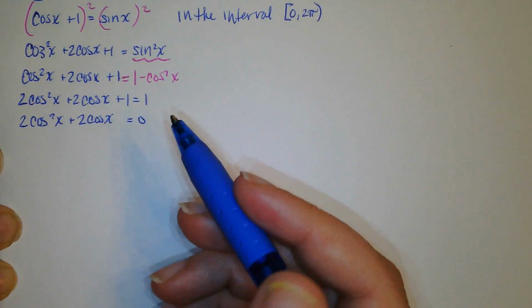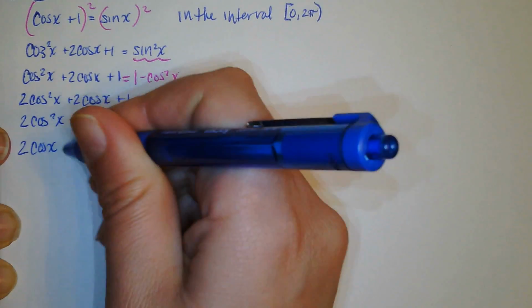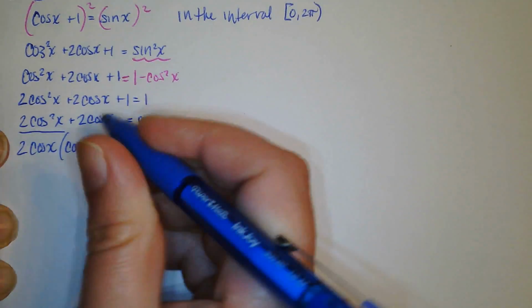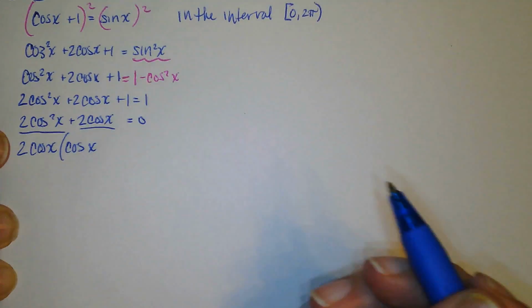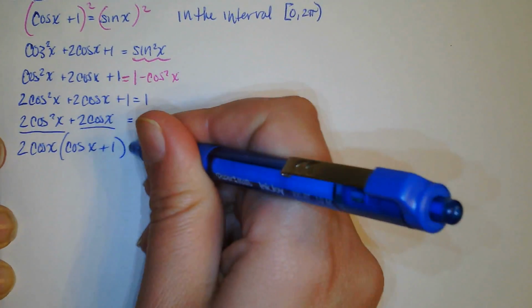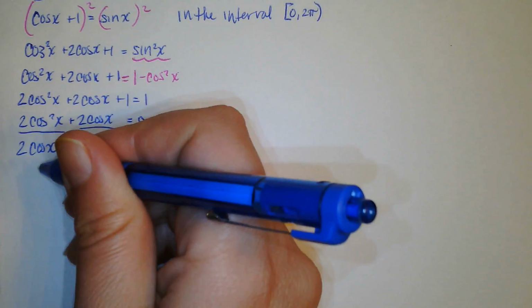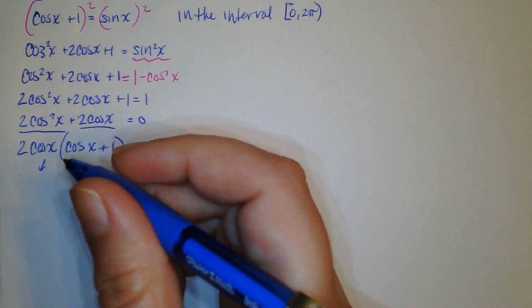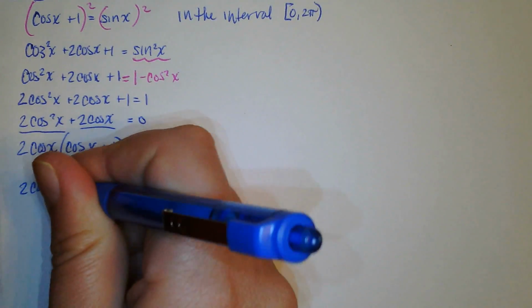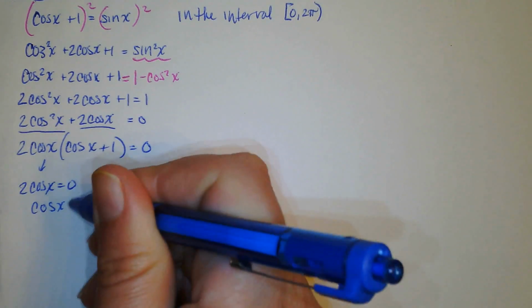I'm going to take out a 2 cosine x, leaving behind in the first term a cosine x, and leaving behind in the second term just a 1. All right, now it's factored already. Now we're going to split it up and solve. 2 cosine x equals 0, cosine x equals 0.